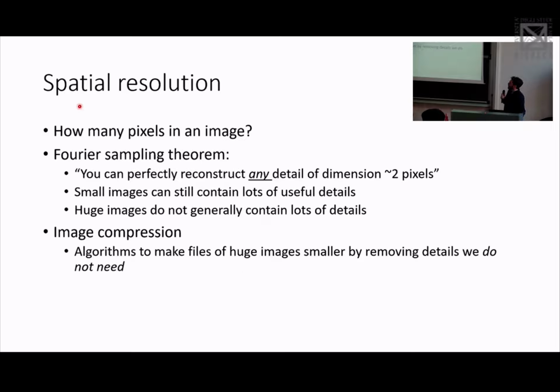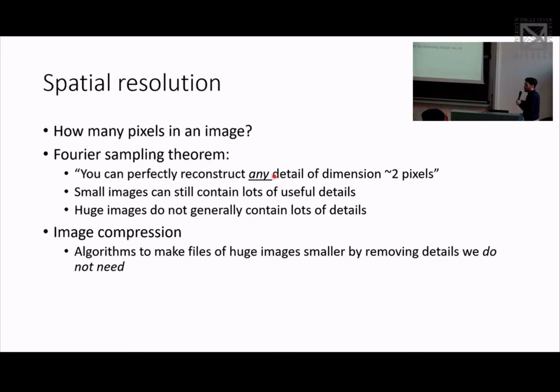You have the Fourier sampling theorem, also called the Shannon-Nyquist theorem, or the sampling theorem, or any variation. And it says that you can perfectly reconstruct any detail of a dimension bigger than about 2 pixels. This means that small images can still contain lots of useful details, and using more pixels might not always include more details.